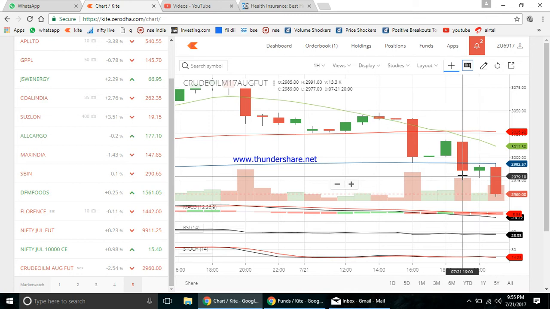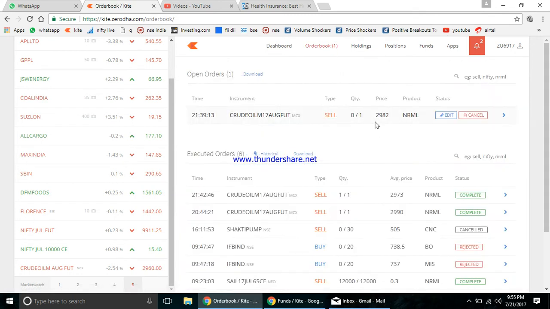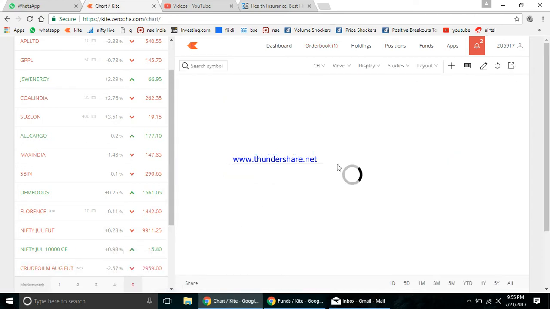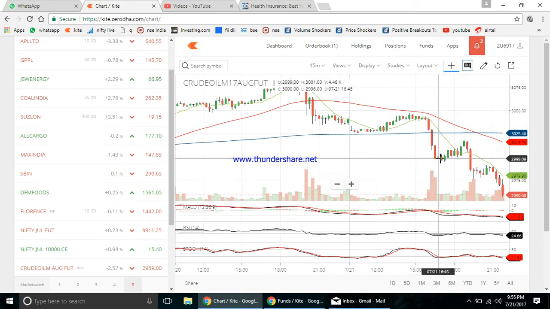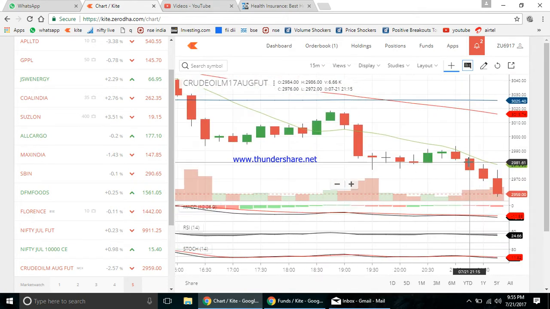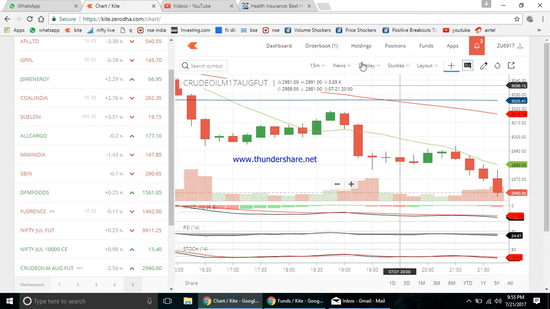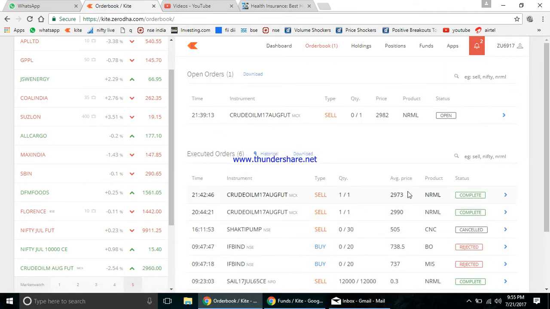I put the initial order at 2982 but it did not get executed, so I pushed another order 5 minutes back at the current levels using a 15 minute chart, on this particular candle, 2973, which you can confirm here also, 2973.